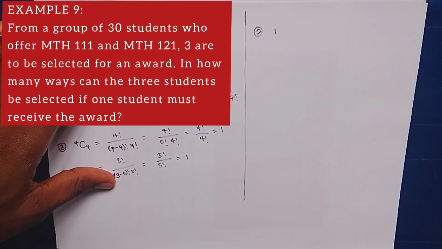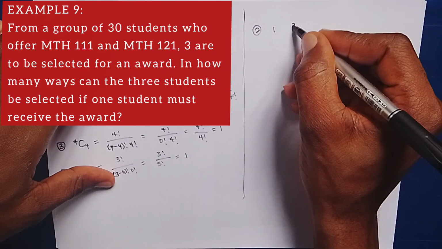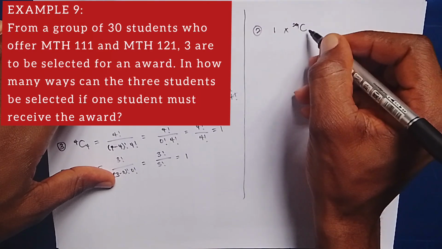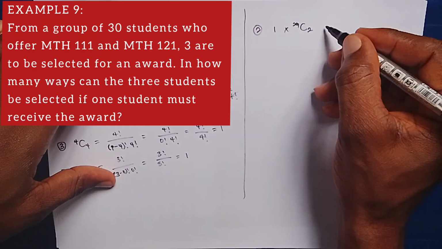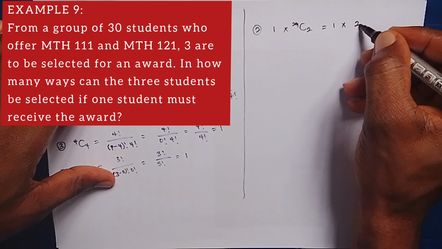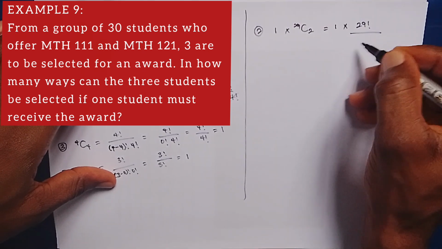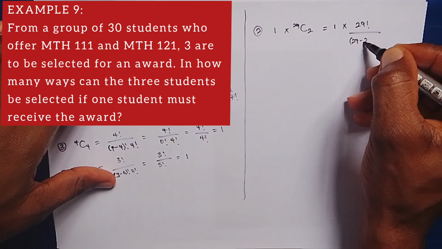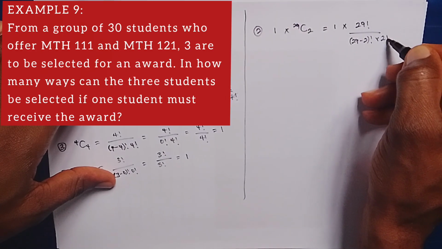So, out of our 30 students, 1 is already slated to receive the award. That means we are left with a sample space of 29 students, and we are to pick 2 from the 29. So this is equal to 1 times 29 factorial over 29 minus 2 factorial times 2 factorial.